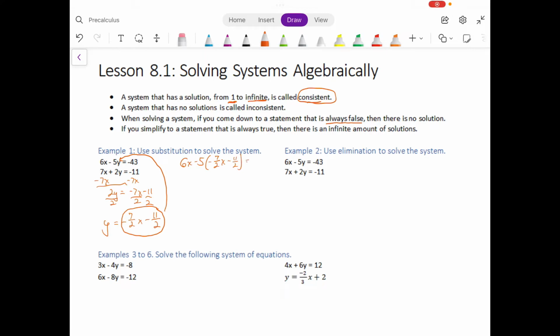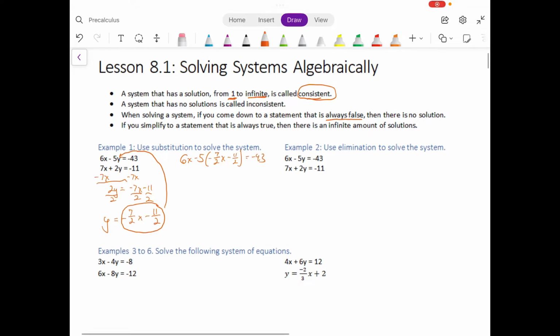And that is equal to -43. Not the greatest to work with, but it is doable. So we have 6x plus 35 halves x. So we're distributing here, plus 55 halves equals -43. If you want to get rid of fractions, you can multiply both sides by 2.